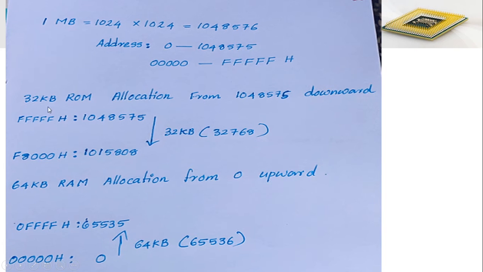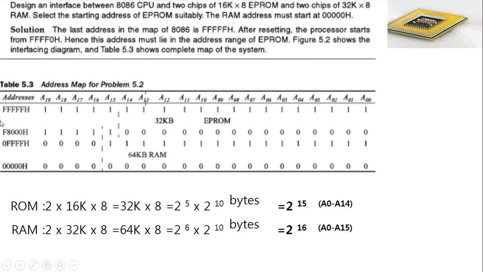We can start the ROM allocation from 1048575, the end byte, and allot 32 KB downwards, up to 1015808. The corresponding hexadecimal address values are F8000 to FFFFF. That is why this range is allotted for EPROM memory.